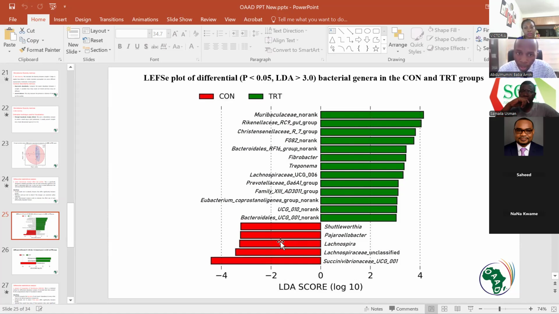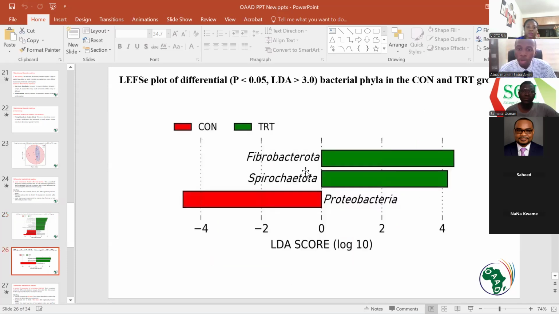It means it's still higher in this particular CON group, while this green shows it's higher in this TRT group. So just to clarify that. Yes, it's possible that there will be no difference as far as LEfSe is concerned. If there is no difference, it will show you no difference, so there will be no plot.